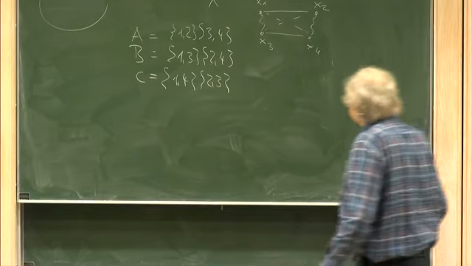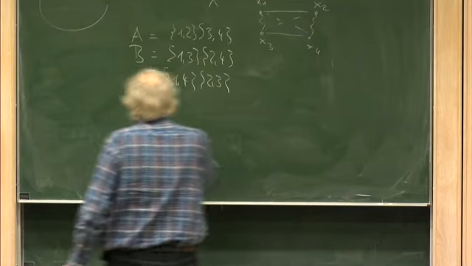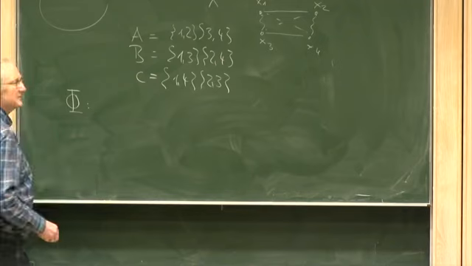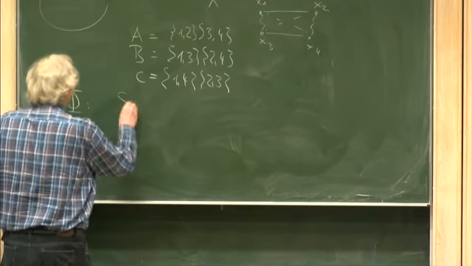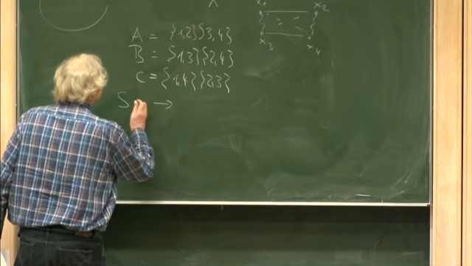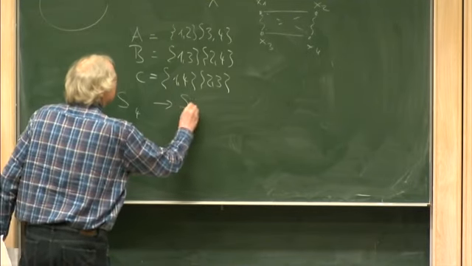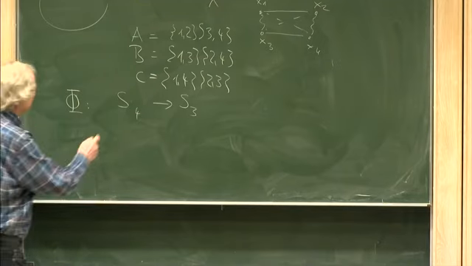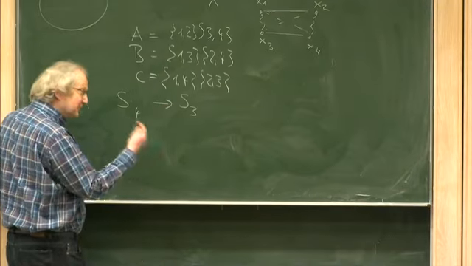To understand that, maybe it's good to have the cross ratio homomorphism, which goes from the symmetric group on 4 elements to the symmetric group on 3 elements.